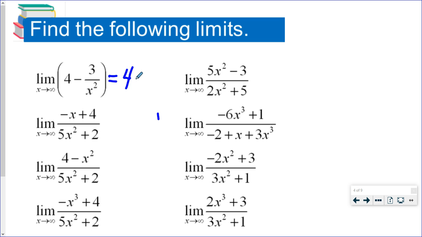All right. So let's look at this next one over here, just to the right of it. All right. So now, if we're talking about Bill Gates' money, for example, and he loses $3, is he going to notice? No, not at all.